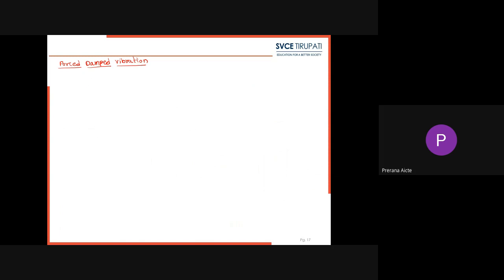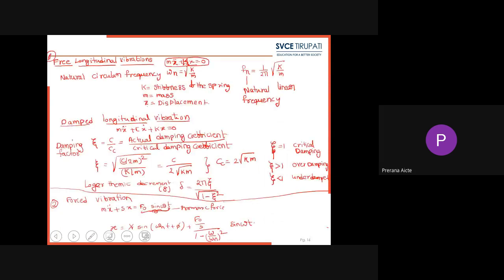So damped free response. The equation will be something like this: m x double dot plus C x dot plus K x is equal to F naught. This is nothing but K only, don't get confused.